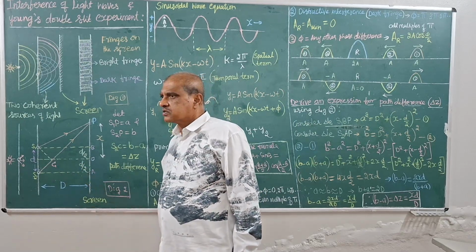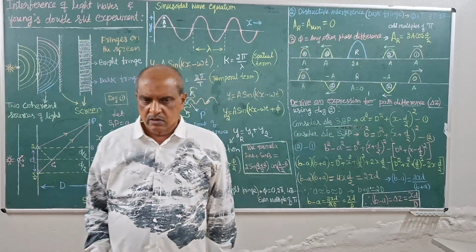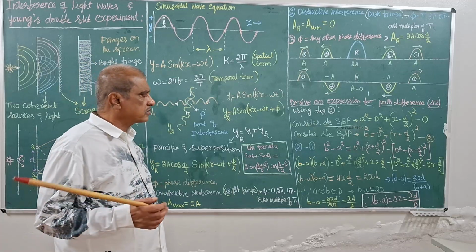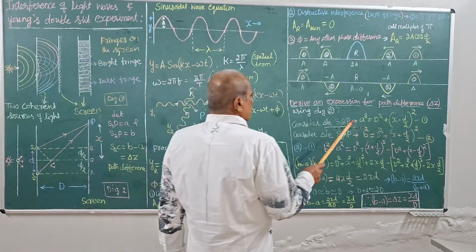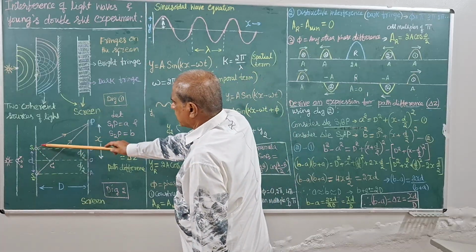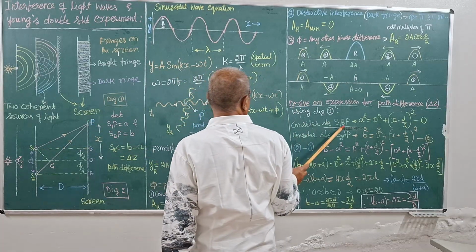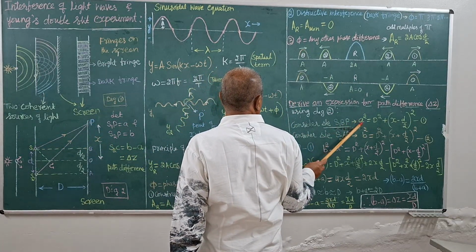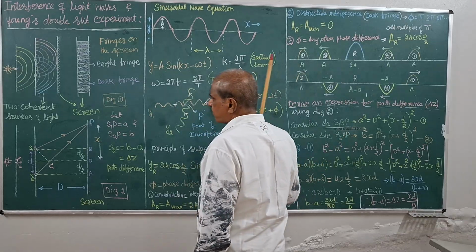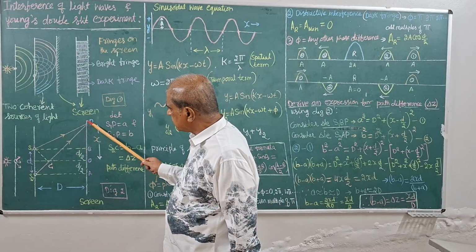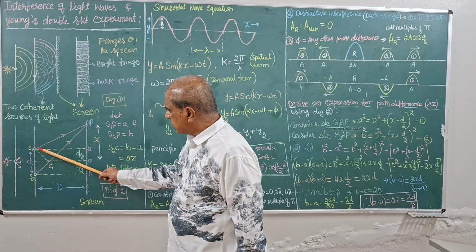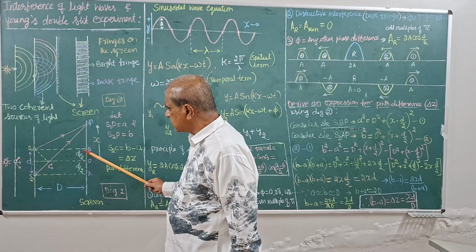For these triangles, let us apply the Pythagoras theorem. In this right angle triangle, hypotenuse square is equal to the sum of the squares of the other two sides. Square of this side is D square.